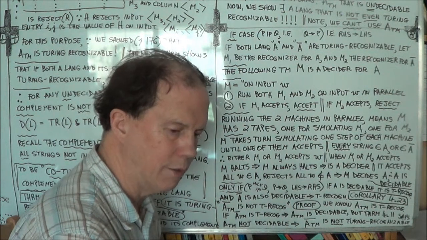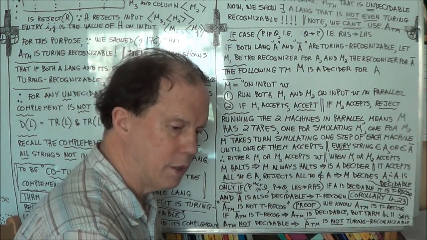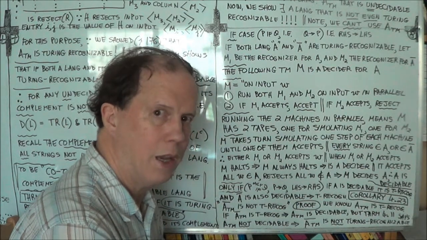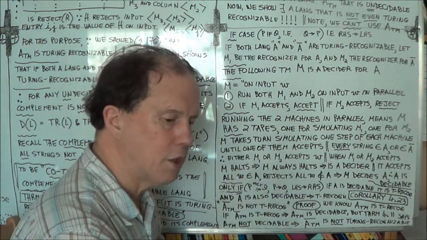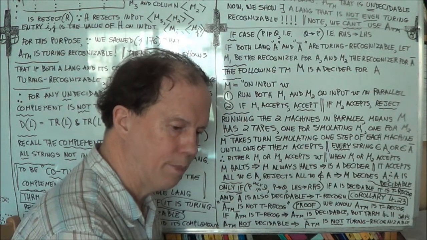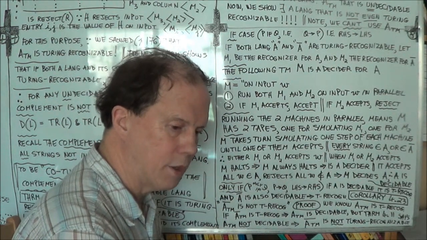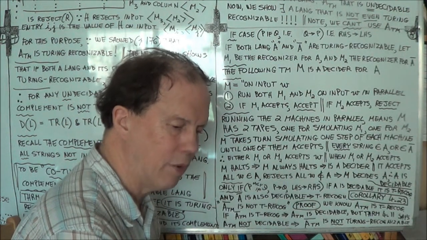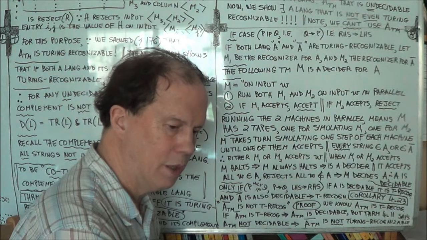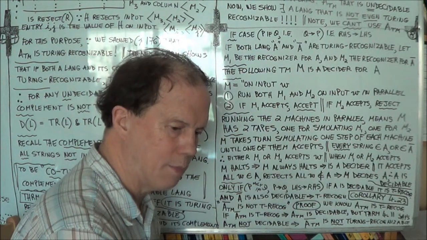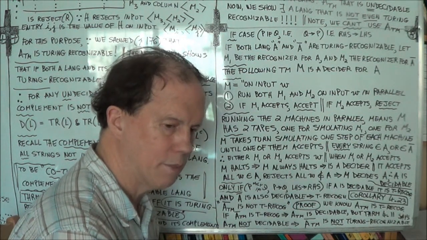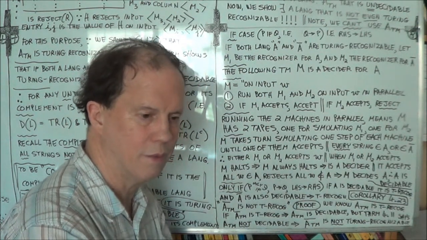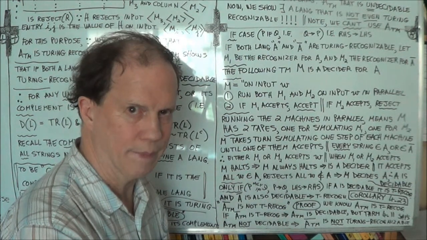Here's the definition: there's a Turing machine that accepts all strings belonging to the language and rejects all strings not belonging to the language. That's what a decider is. Now a recognizer is a Turing machine that accepts all strings belonging to the language, and that's it. There's nothing else. There's no more words in the definition, right?